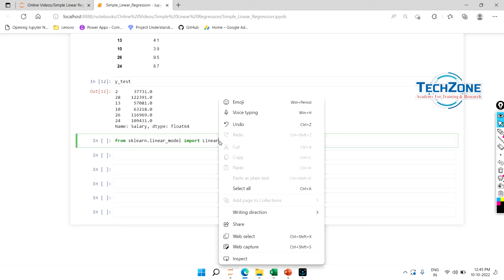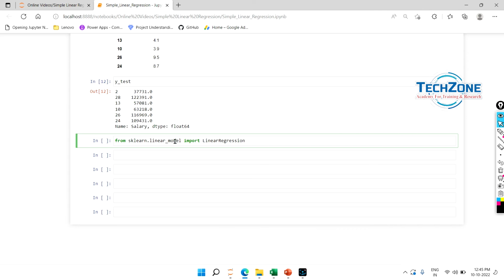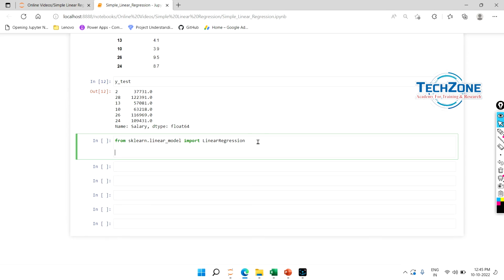We are importing LinearRegression from linear_model, which is in sklearn. And we are initializing the model using the variable regressor.